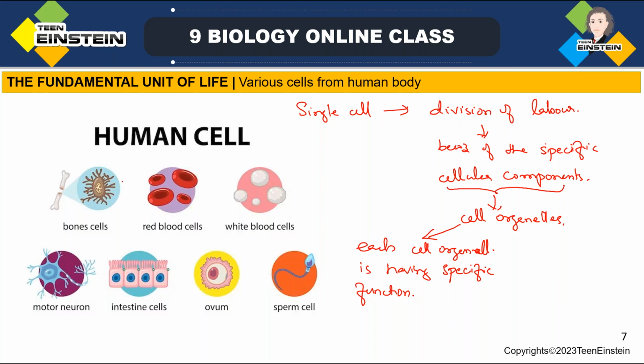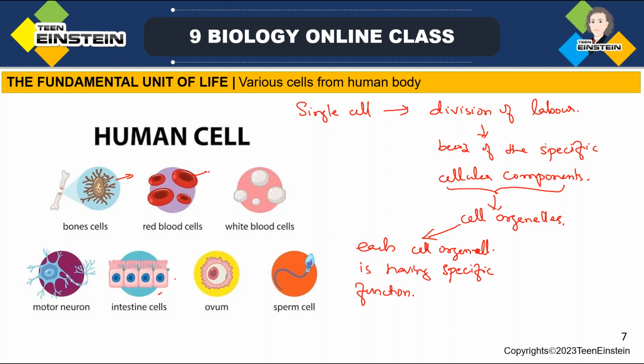See, you can see this type: bone cells that are found in bones, RBC and WBC, which you can see in blood, right? Neurons, nerve cells, you can see in the nervous system. In the digestive system, you can see the intestine cells. So whatever it may be, each and every type of cell has its own function.